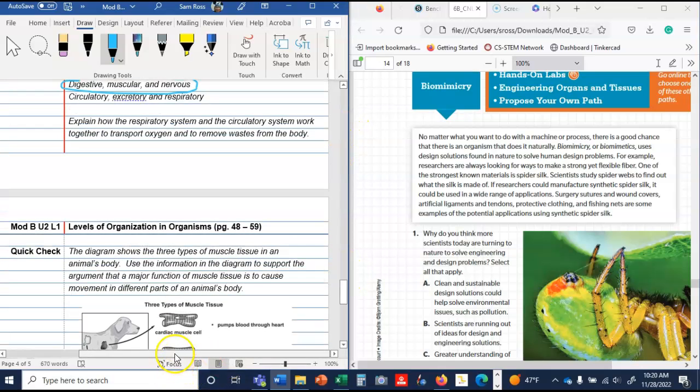Okay? And then we have one of our short answer questions. Explain how the respiratory system and the circulatory system work together to transport oxygen. So the respiratory system breathes in the oxygen and then transfers it to the blood.